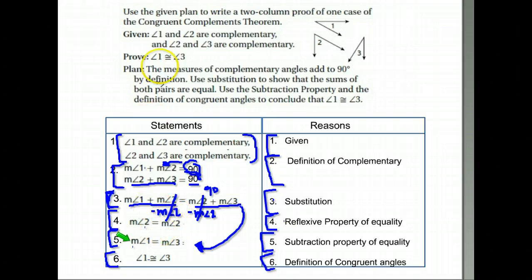Well, that's not what they wanted us to prove. They wanted us to prove that angle 1 was congruent to angle 3. So we had to take that last step and convert this into saying congruent instead of just the measures are equal. But again, anytime you go from two things being equal to them being congruent, your reason is that that's the definition of congruent.